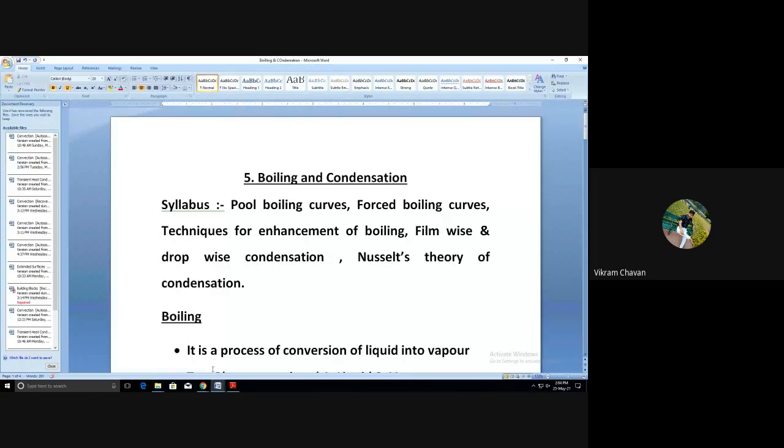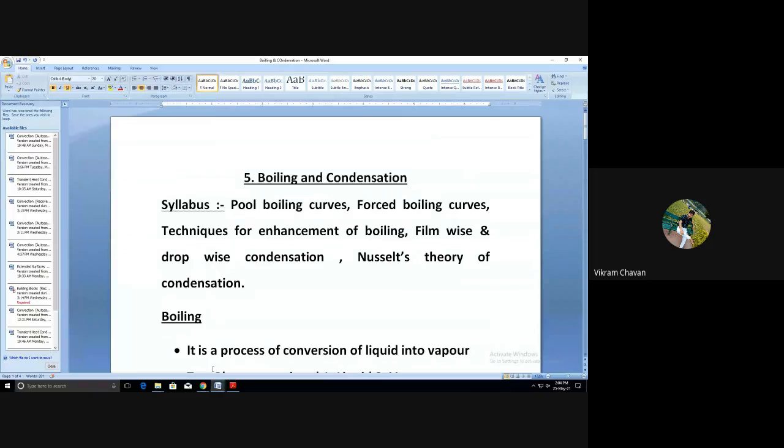Okay, so remember that at 100 degrees Celsius, if you consider the atmospheric pressure on the liquid surface, then what is the difference? At 100 degrees Celsius, you will get the liquid state, and at 100 degrees Celsius, you will get the vapor state also. So what is the difference? You remember one heat, that is nothing but latent heat.